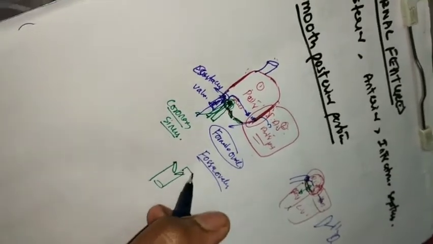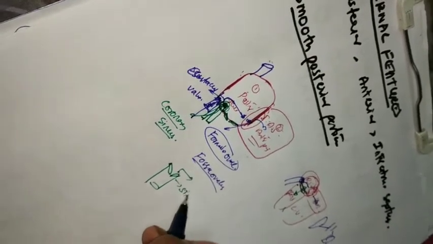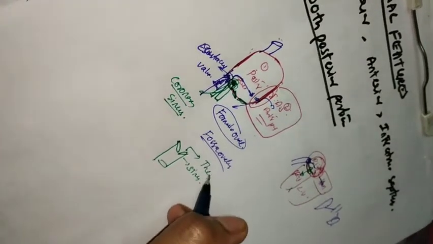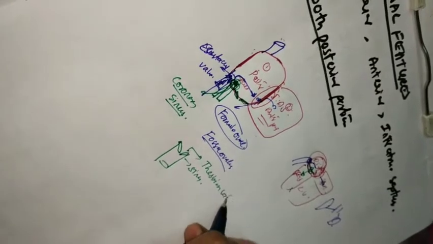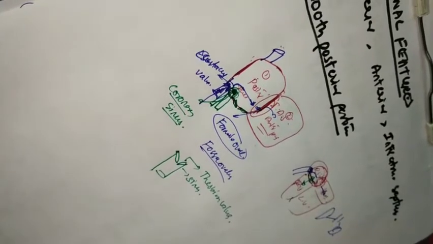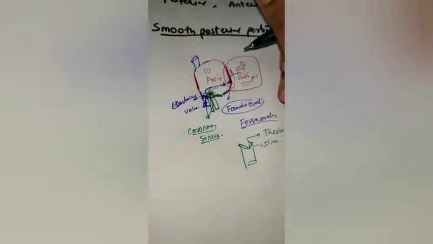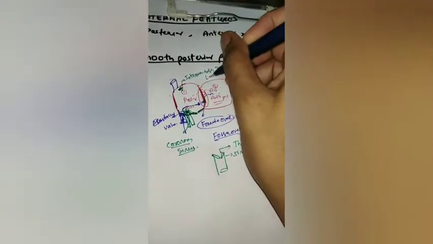This valve at the sinus is known as the Thebesian valve. Below the opening of the superior vena cava you have a projection known as the intervenous tubercle of Lower.